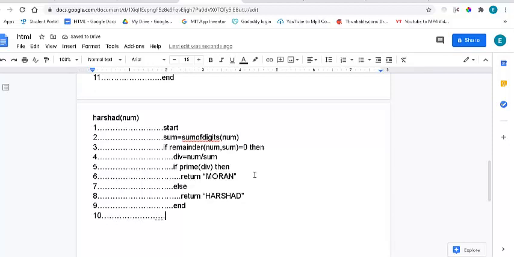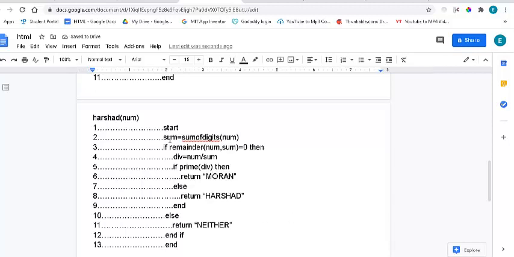Else, if the number is not divisible by the sum of its digits, then I know I have to return neither. And then I can close the if, and that's the end of the algorithm.